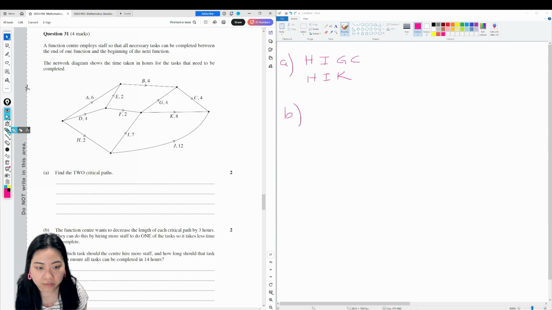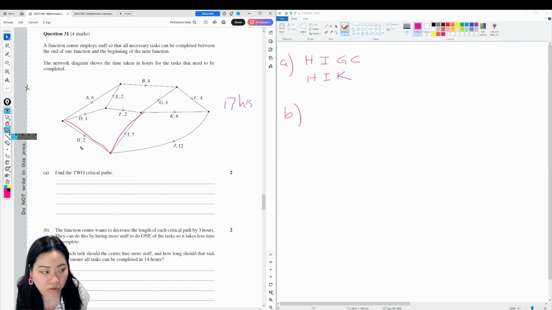I should have left drawings on here. If we have to only change one task, it can't be G, C, or K. It has to be H or I, because H and I are common for the 2 critical paths. And the 2 critical are 17 hours. We need to reduce it by 3 hours to make it finish in 14 hours.